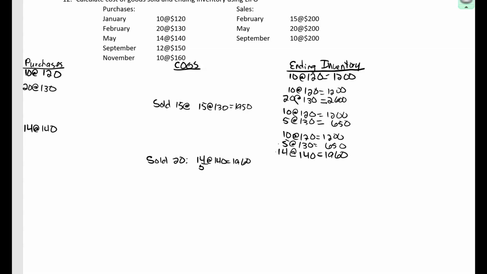So all 5 of those at 130 are gone. And then we have one more to fulfill this order, and that one is going to be at 120. Okay, ending inventory consists of the oldest units at 120, and we have 9 of those.